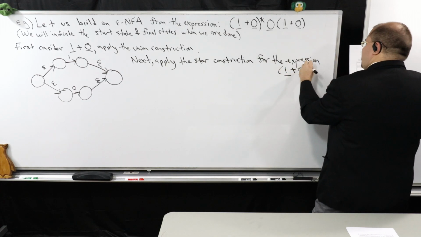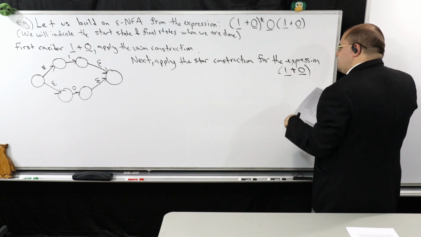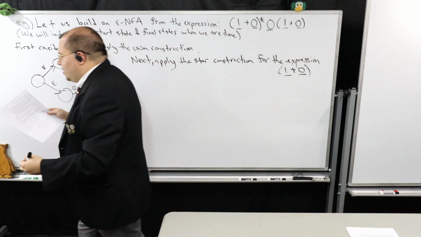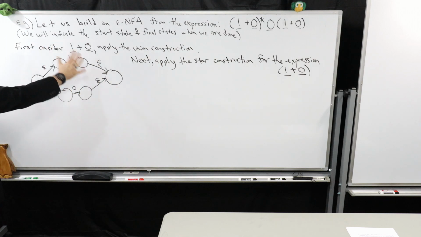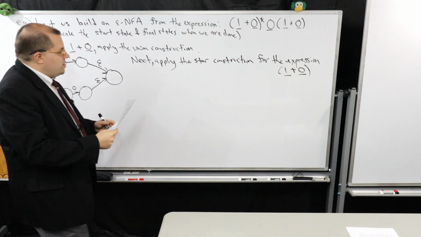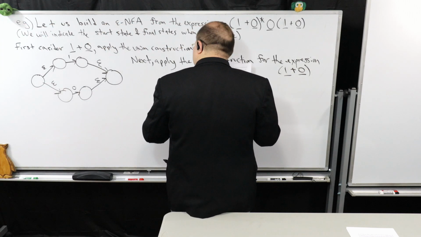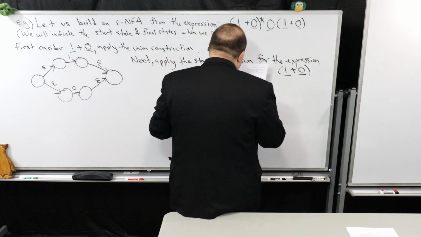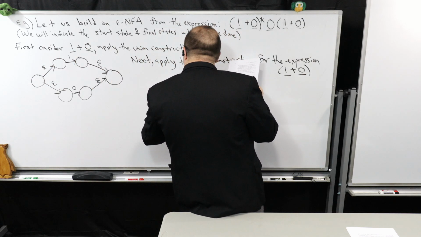So I'm going to apply star to this. So if you may recall, what I'm going to do is take this and employ the star construction on it. So remember, you got to look at this like it's R, like this is the entirety, that's R. So I'm going to redraw that.